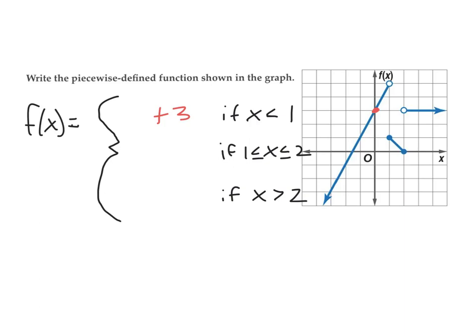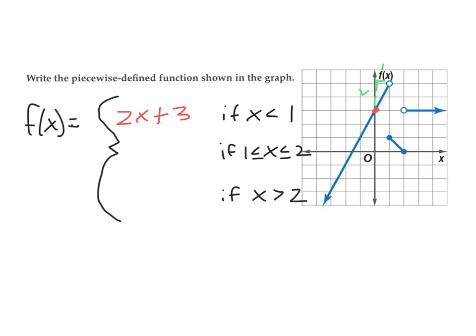What's the slope of that line going to be? So if I counted up 2, right 1, rise over run, slope is 2, which means there's my first piece, 2x plus 3. Find the slope, find the y-intercept, and you write your equation. All right, that's the first part.